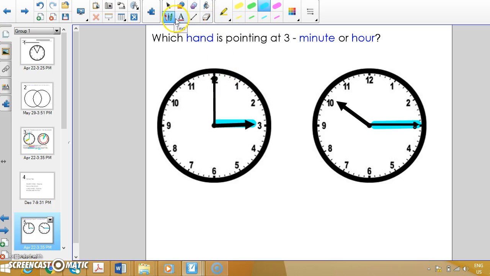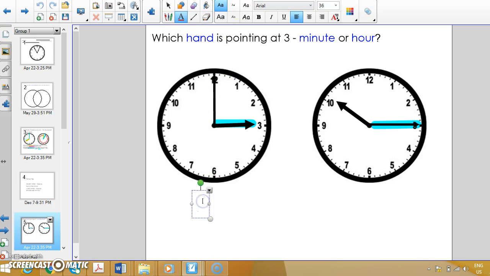So this 3 is the hour hand. It's showing 3 o'clock. Now the minute hand is the longer one, long, minute. This one is touching the 3. It's much longer. So that's my minute hand.